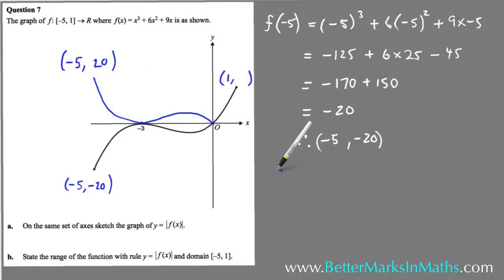Just to be sure, I'm going to go f of 1 and figure out the y value for here. f of 1, subbing 1 into the function, you get this is going to be 1, this is going to be 6, and this is going to be 9. So 1 plus 6 plus 9 equals 16. So that point would be 1, 16. All right, so this one is definitely the highest point.